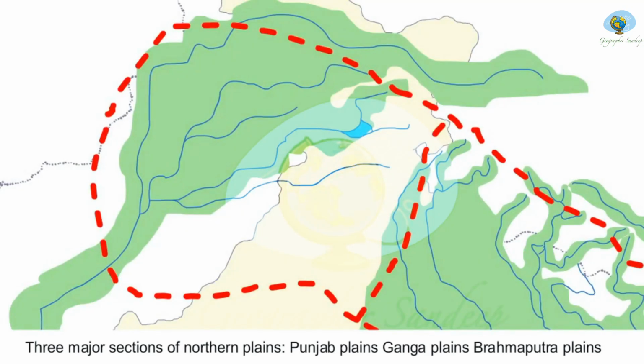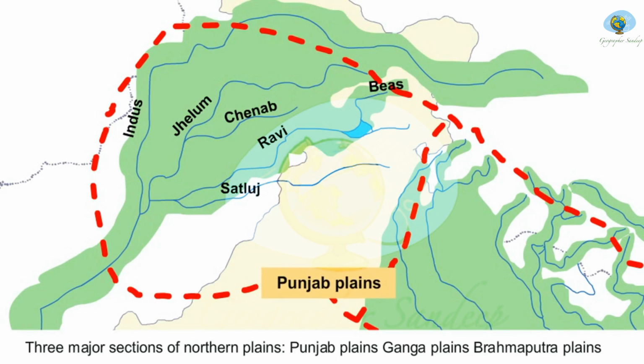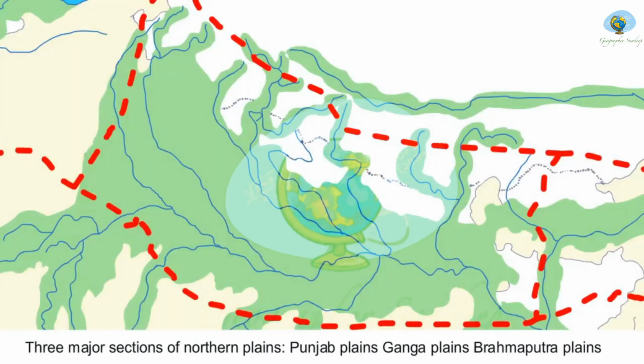1. The western part drained by Indus and its tributaries Jhelum, Chenab, Ravi, Beas and Sutlej is known as the Punjab Plains. A major part of it lies in Pakistan. 2. Ganga Plains. The middle section lies between Ghaggar and Teesta rivers.